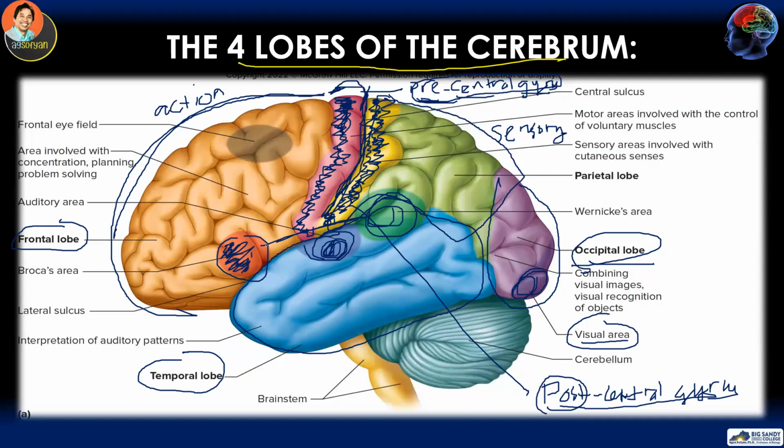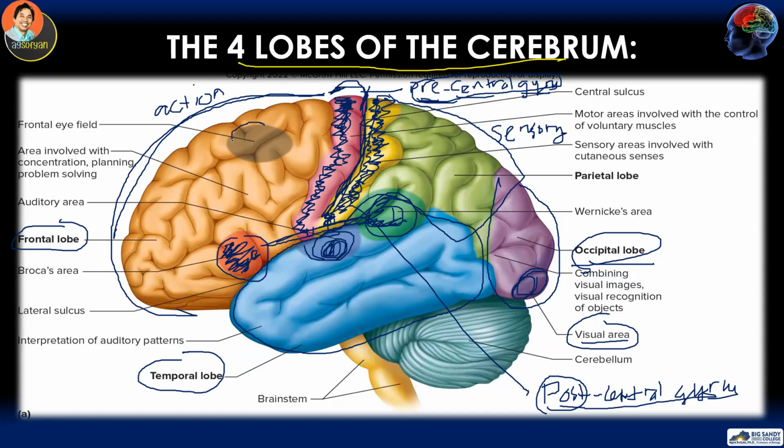But the speech region also has a sensation part on the back, which is called Wernicke's area. This is the one that gives us the sensations about what we are talking about. So it gives you perception, thinking about what you're going to say, and so on. So it has a sensation area and also an action area for speech.